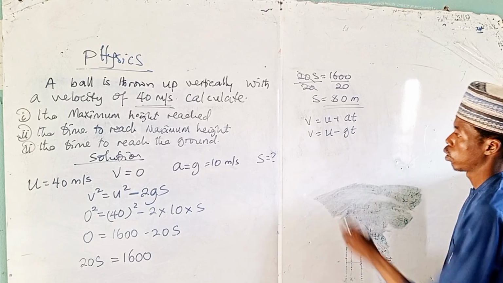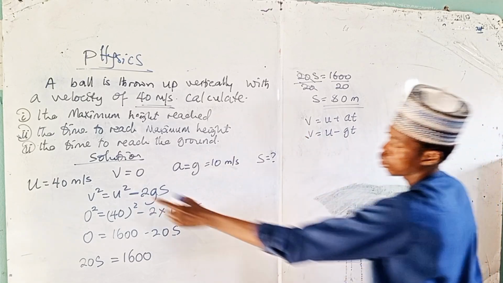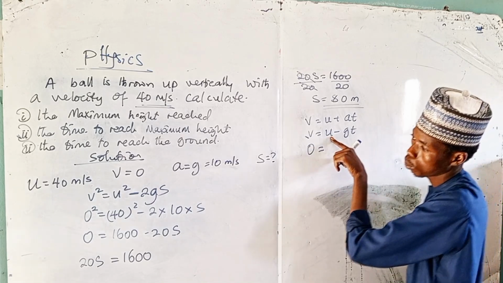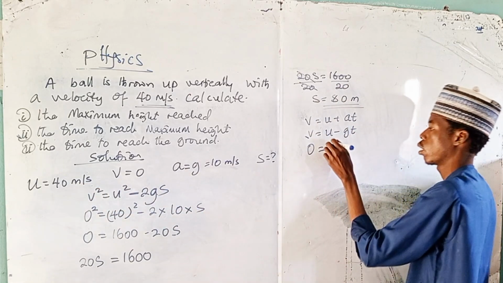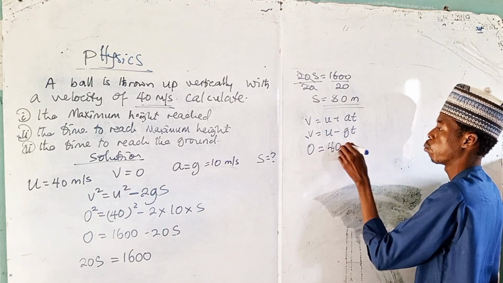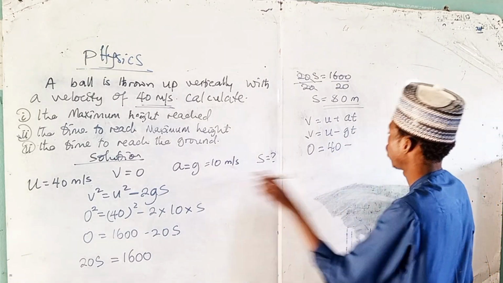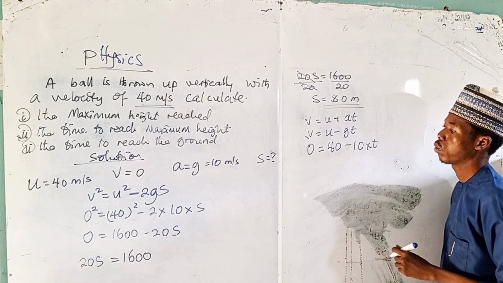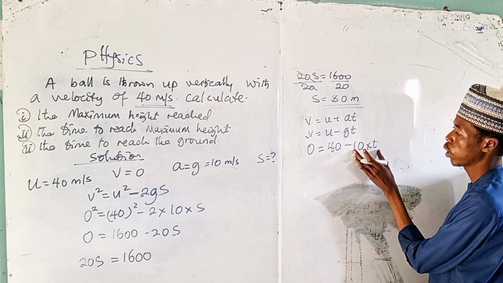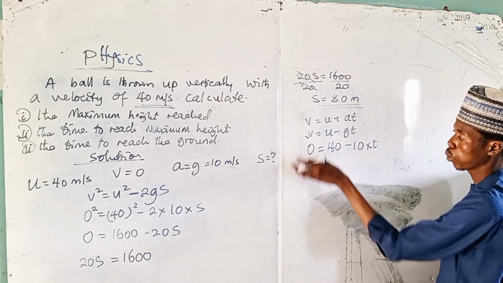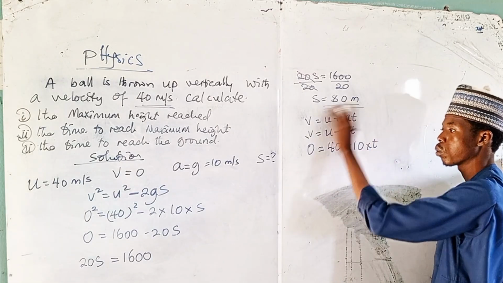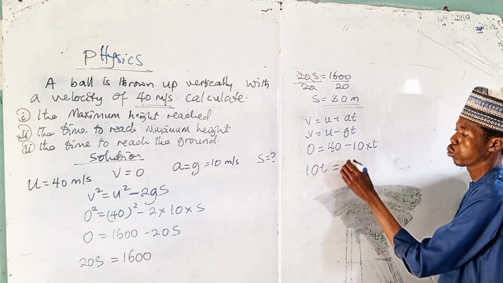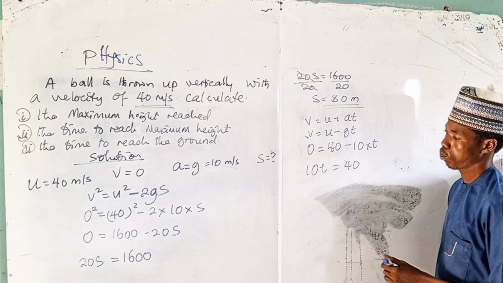So let's substitute. v, final velocity, is 0. Now 0 equals initial velocity, which is 40 meters per second, 40 minus the value of g, which is 10, times time, what we are going to find. So we can also take this minus 10t and cross the equality sign with it. It will become 10t equals 40.